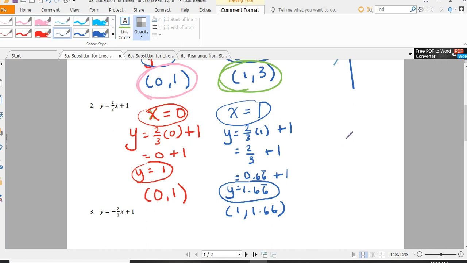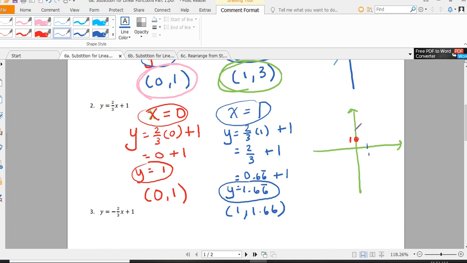I'm going to use green for this. What are my 2 points? Well, I'm going to use the colors to match them. 0, 1 would be 1 point, so I know 1 point would be right there. And another one, using blue, would be 1, so 1 would be roughly right there.